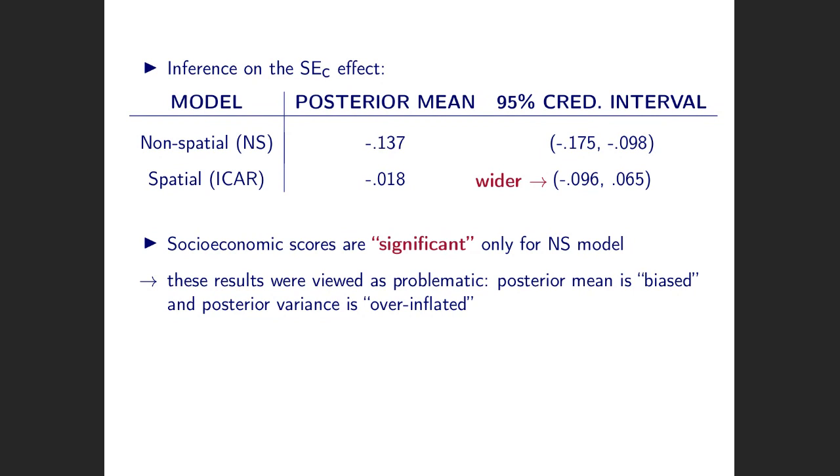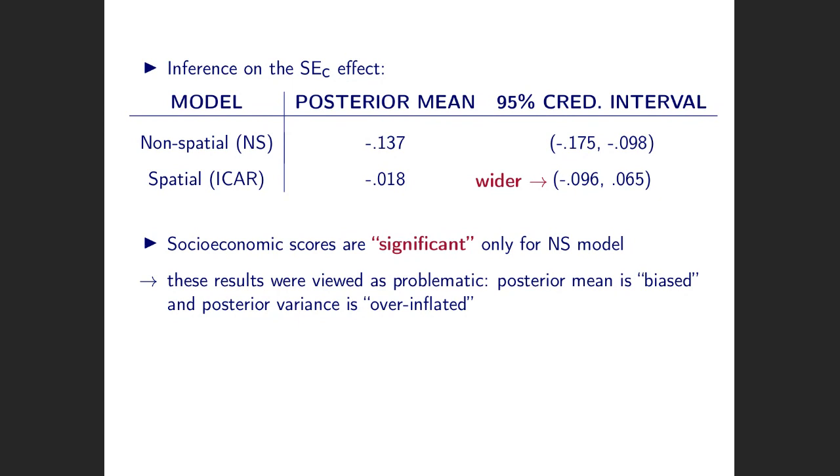So these results were viewed by the authors of this paper as problematic. In particular, the idea being that they fit a regular, or non-spatial, regression model. They observed a significant, in quotes, effect of socioeconomic status on SIR.